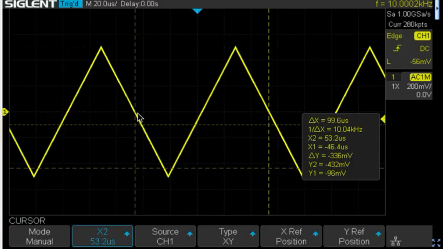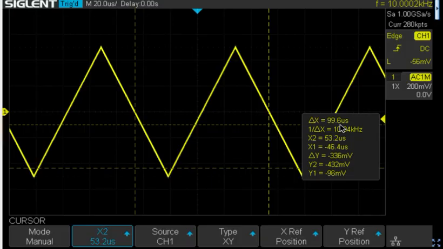I guess that's where it was on the falling edge there. This is just kind of by eye. So the time between this line and this line, that delta x is 99.6 microseconds.